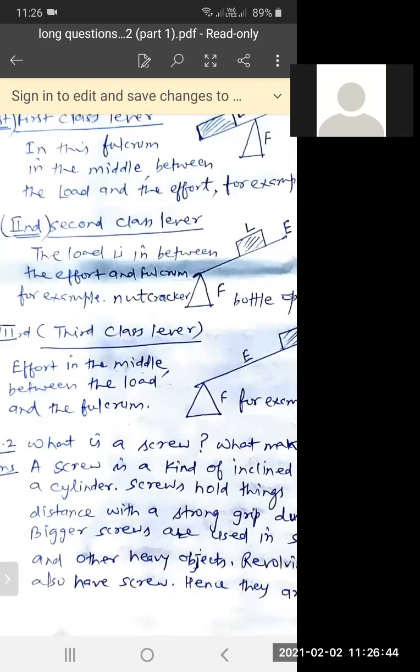Students, you might have understood the question. What is a screw? What makes it better than a nail? Answer for question number 2.